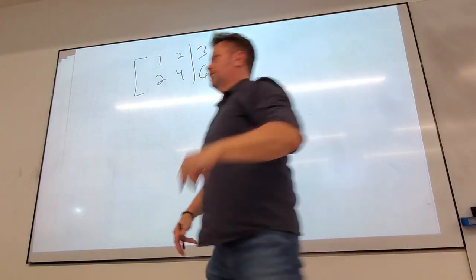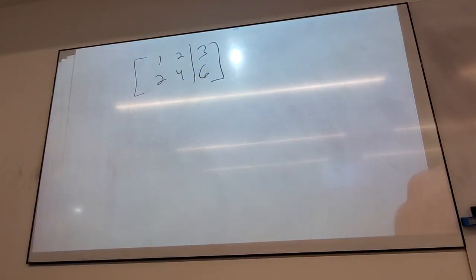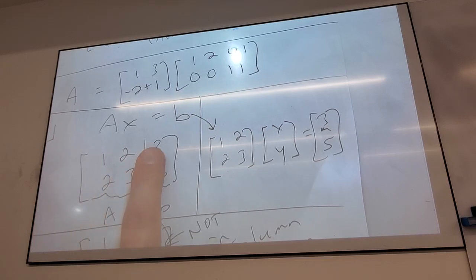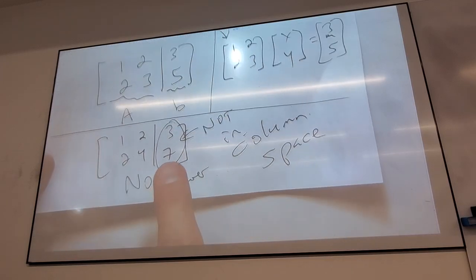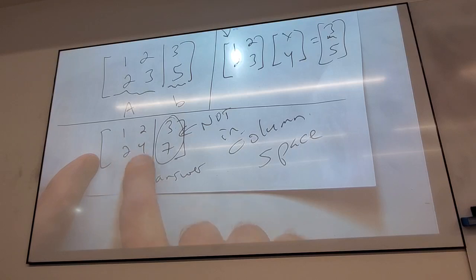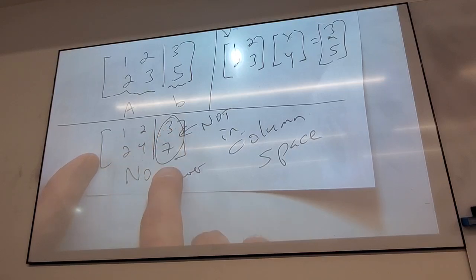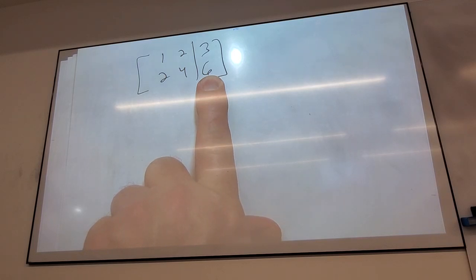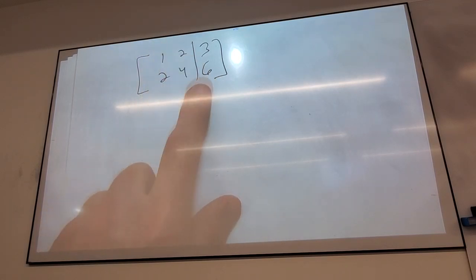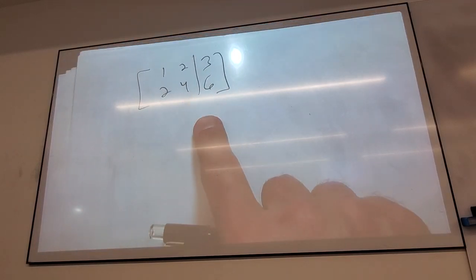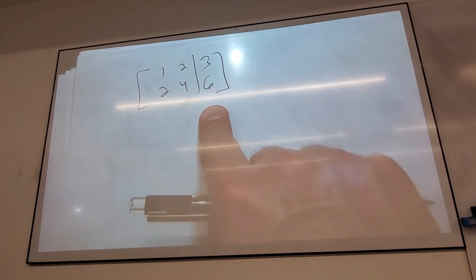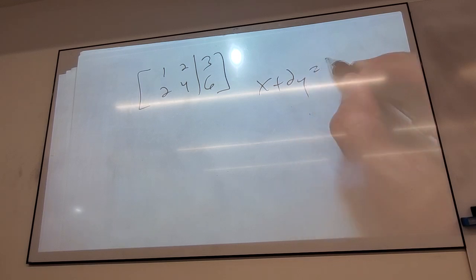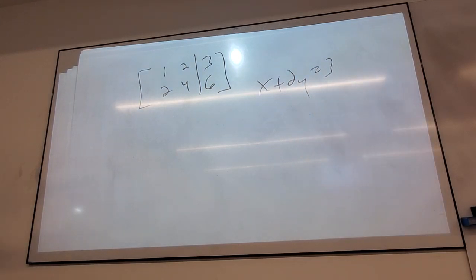Infinitely many. So I just showed you in succession one solution, because these are independent, and this is in the column space. No solution, these are not independent, this is not in the column space. Infinitely many solutions, because these are not independent. In fact, can you tell me where the solutions sit? On that line, x plus 2y equals 3. That has all the solutions, yes.